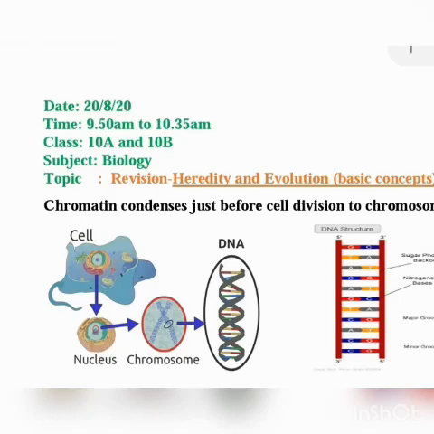Now you can see in the picture here, two chromatids are shown, and inside the chromatid the coiled DNA is shown, and in this coiled DNA one is the parent strand and one is the new strand, and both the strands are similar, means both the chromatids are similar, and they are called sister chromatids.